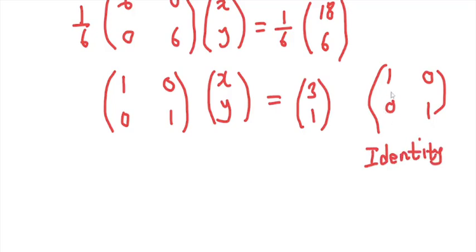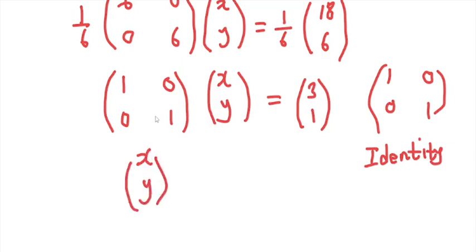Number 1, the determinant of an identity matrix is always 1. Again, when you multiply any matrix with an identity matrix, you get the same matrix. So if we multiply this times xy, we'll get xy.